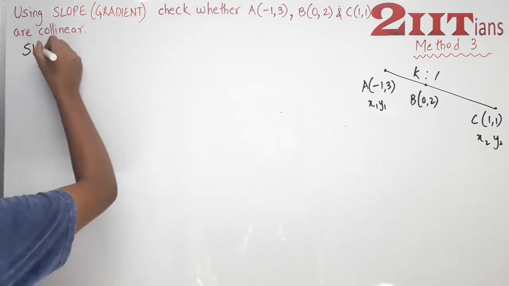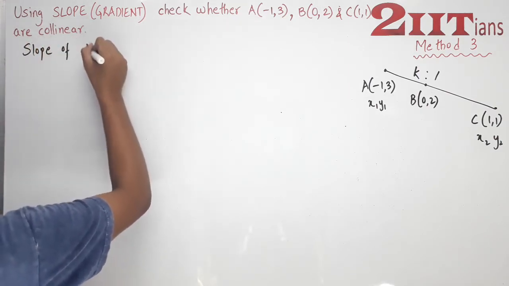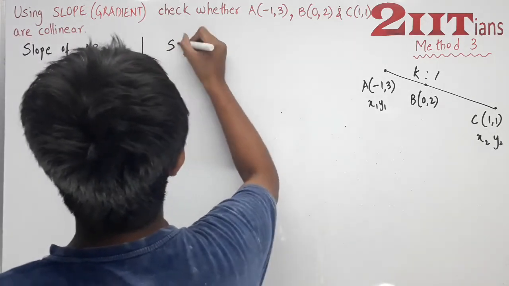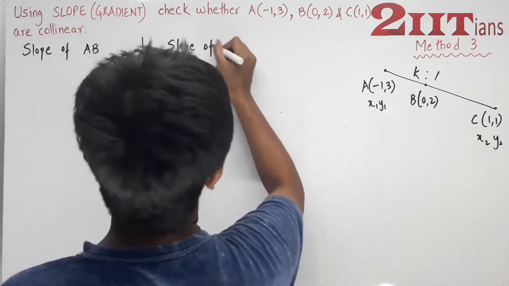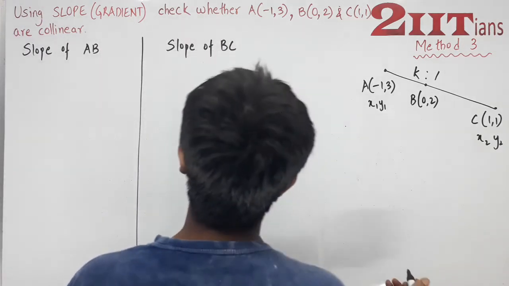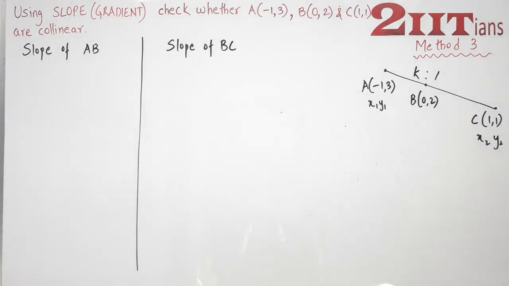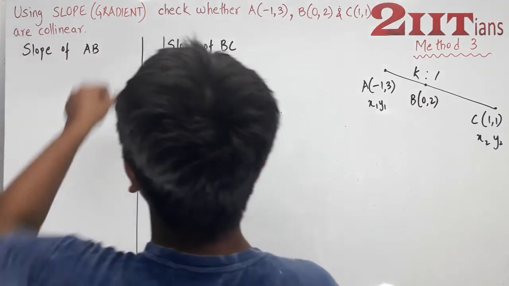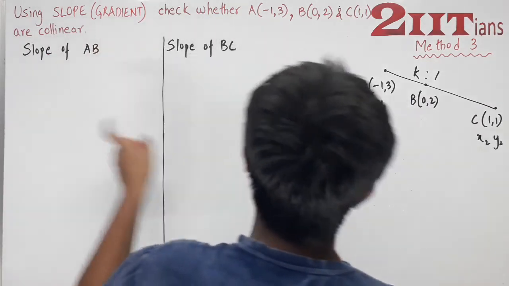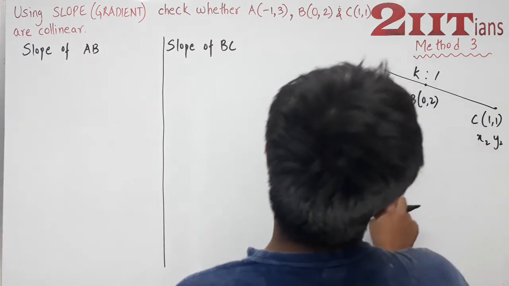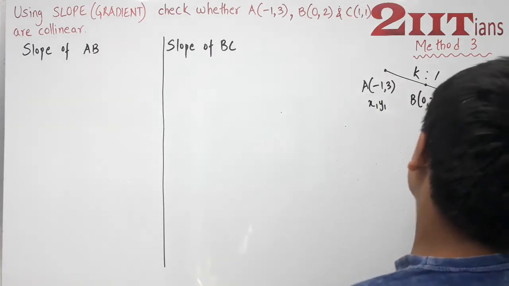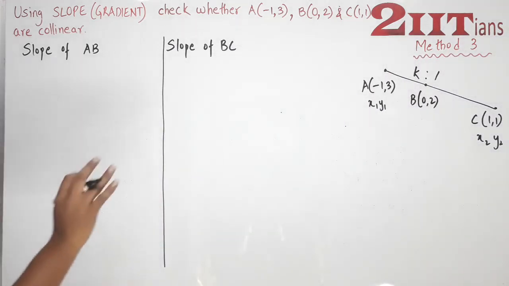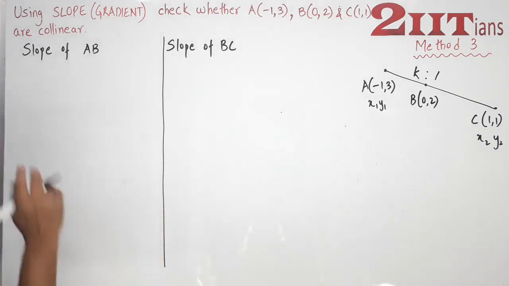Directly I am writing slope of AB, slope of BC. Some people and some books also confirm the slope of AC, but I believe that confirming the slope thrice is redundant. You just have to confirm any two slopes, AB and BC or AB and AC or BC and AC, any combination of two line segments you can check.